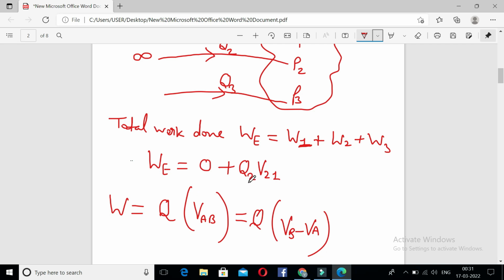For W3 it will be equal to Q3 into V31 plus V32. Suppose this is equation number 1.